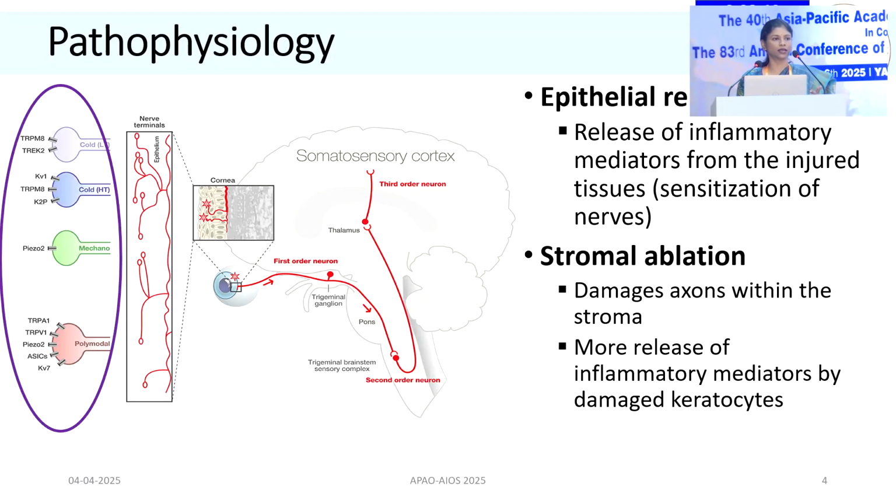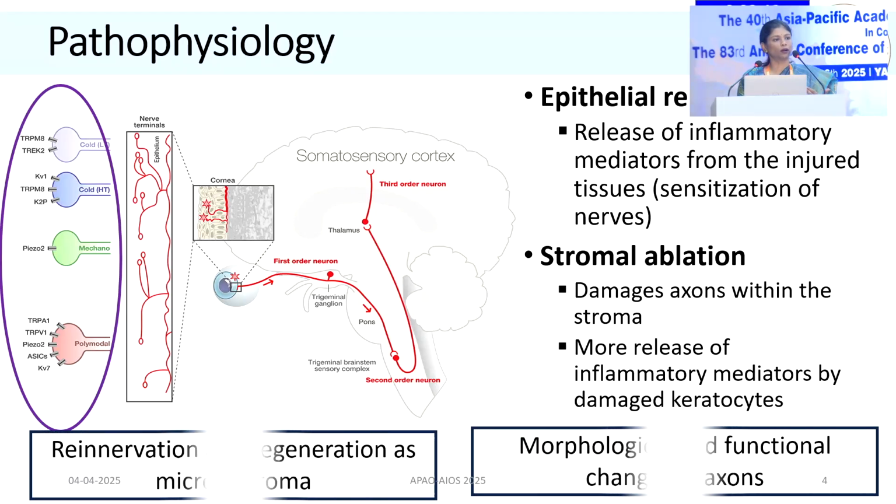This sensation travels by the trigeminal nerve to the brain, and that creates a sensation of intense pain. In the healing phase, when nerve regrowth occurs, there can be a formation of microneuroma, and this is the basis of why sometimes patients feel persistent discomfort in the first few months of the procedure.